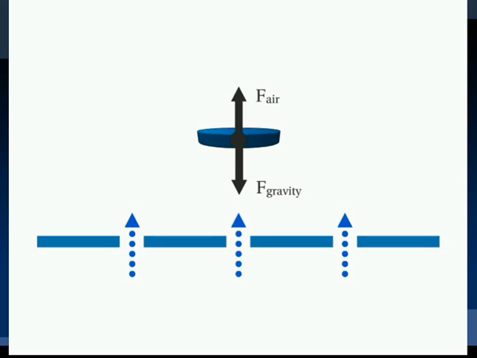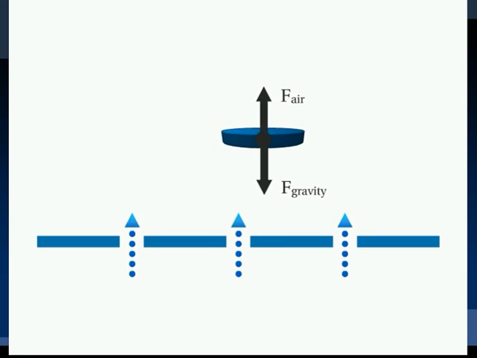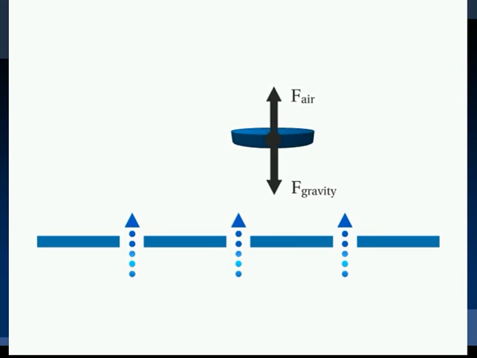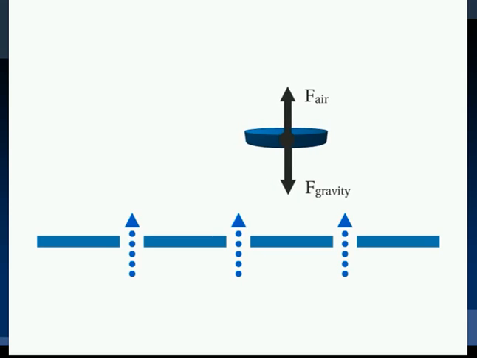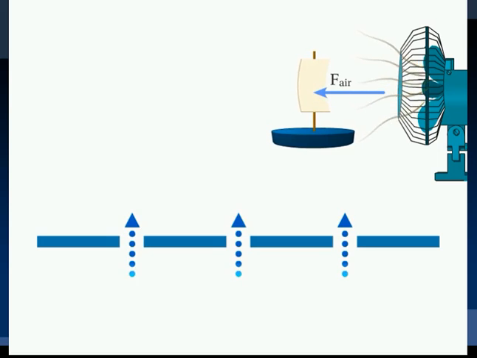Imagine a hockey puck sitting on an air hockey table. The downward force of the puck's weight is exactly canceled by the force of the air jets pushing up. If there is no net force on the puck, Newton's first law is enough to understand the motion. But what if there is an unbalanced force? Imagine a hockey puck with a sail.